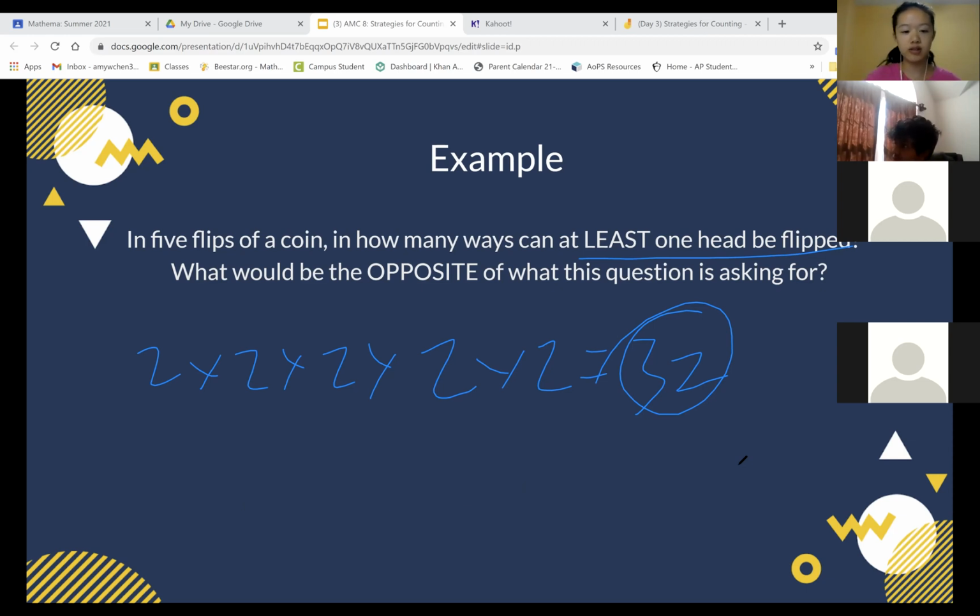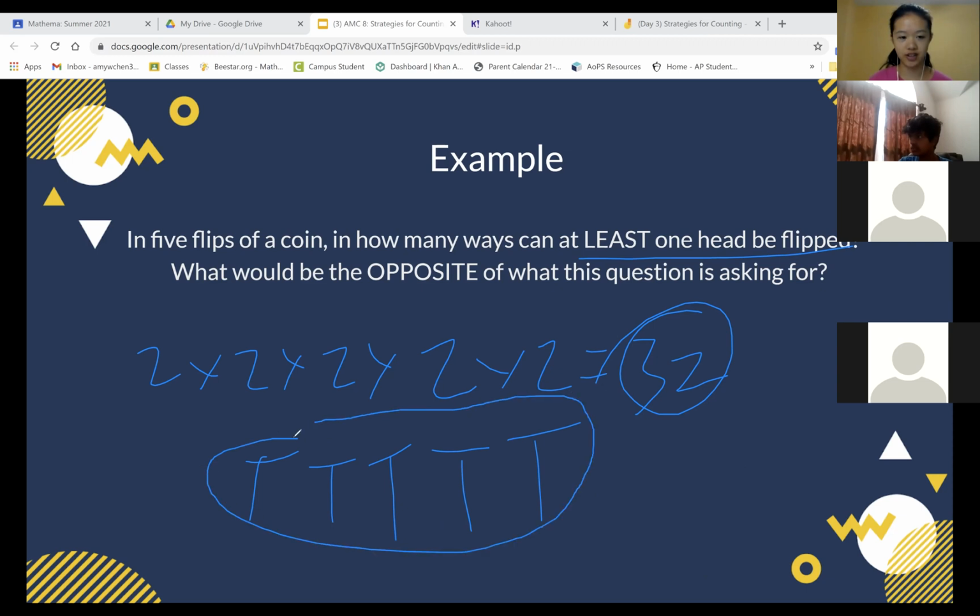However, if you flip 0 heads, this does not satisfy the question. Okay, sorry. There's only one way to get 0 heads, because the only way that could happen is to get 5 tails. And since all these tails are identical, it's just 1.